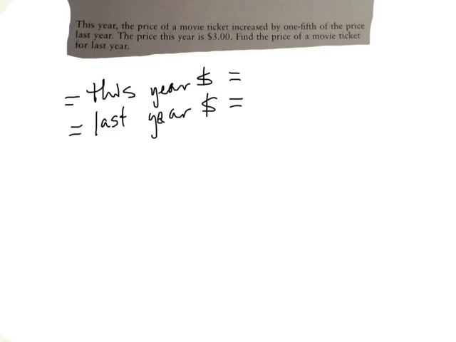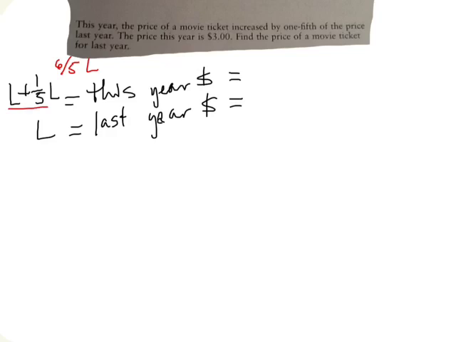This year, the price of a movie ticket increased by 1/5 of the price last year. So we're going to use L for last year. And remember, this one we said last year plus it increased 1/5 of last year, which if you remember, we talked about that being 6/5 L.